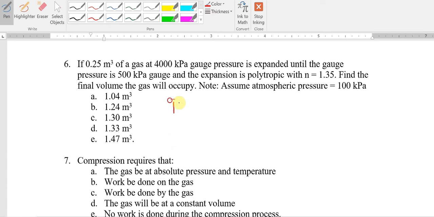Well, this one is P1 V1 to the N equals P2 V2 to the N, or V2 is equal to P1 V1 to the N over P2, and then all to the 1 over N. And so that allows us to strip that off to get the value of actually V2. We get 1.04 as the answer to that one.